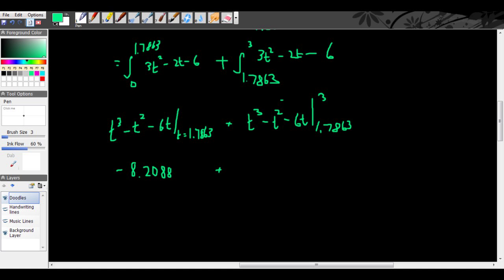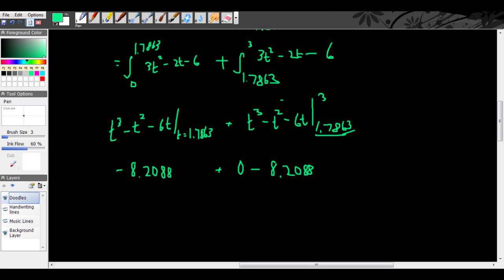It should be just double that value, because you plug in 1.7863 for each of these terms and you get another minus 8.2088. Remember that 3 cubed is 27, minus 3 squared is 9, minus 6 times 3 is 18, which is 0.